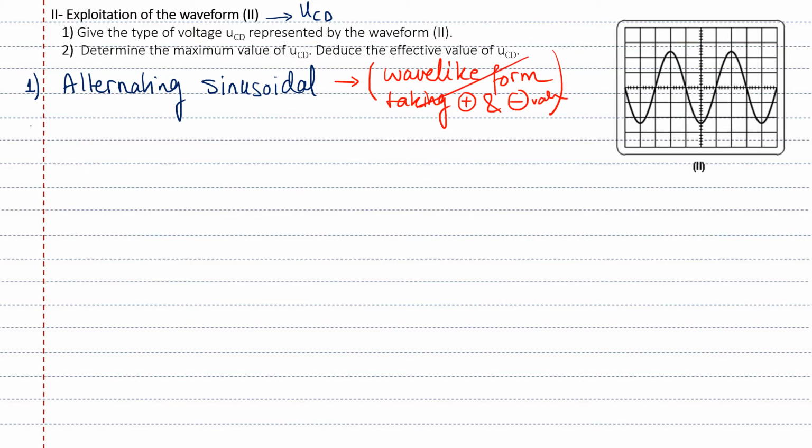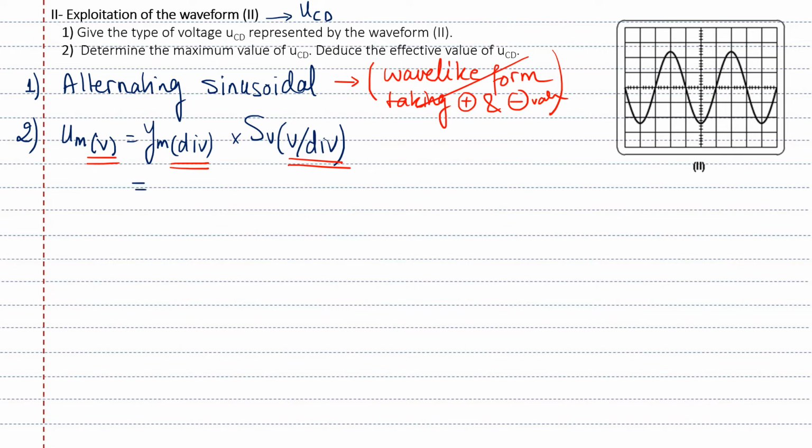If we continue, part 2: determine the maximum voltage Umax of CD in volt, equals Ymax in divisions multiplied by SV in volt per division. Now, before I move on, I always emphasize writing these units, but since we have used the same equation in part 1, you could have simply written the equation without the units.